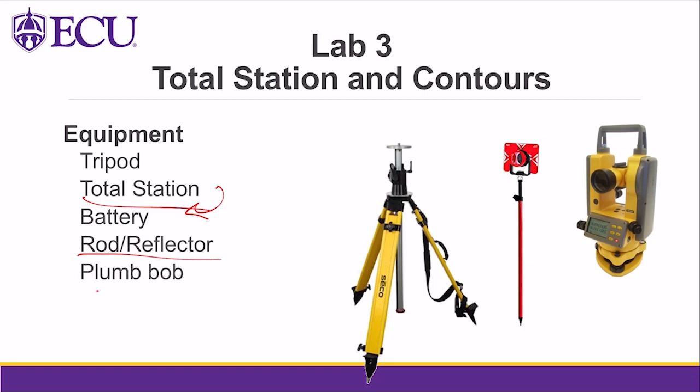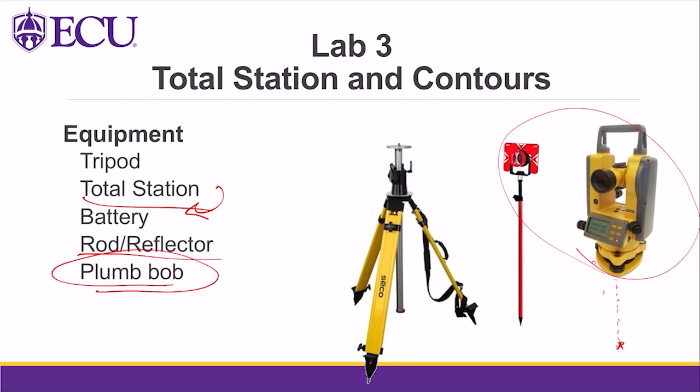So you might think, why do I need a Plumb Bob? Most total stations have a laser plummet that is going to send a laser down to indicate or to project the total station point.